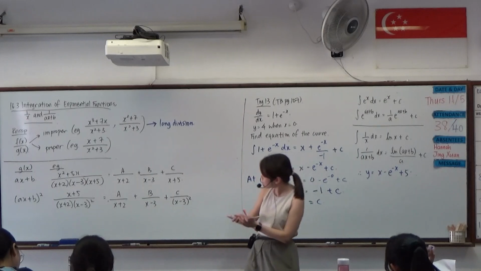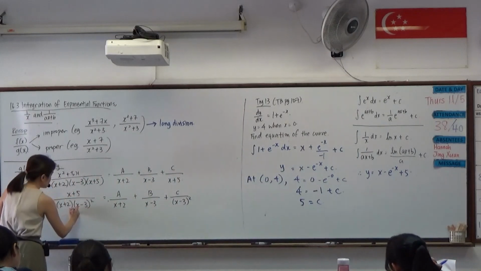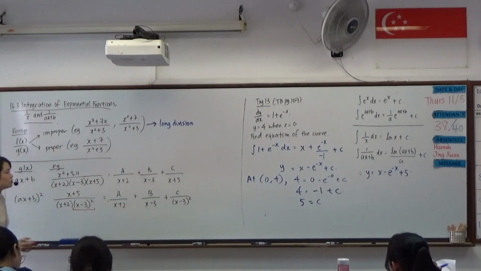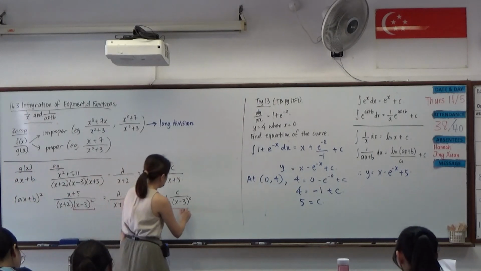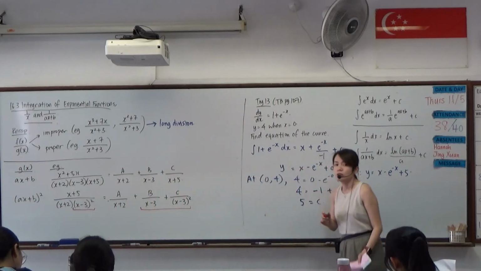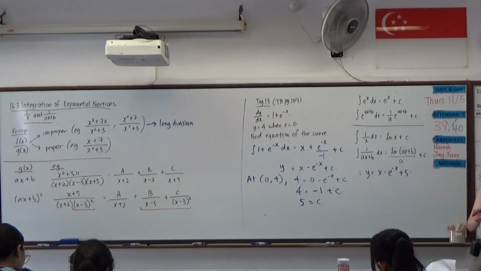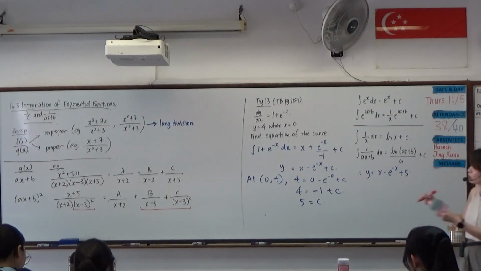This factor of x minus 3 squared results in 2 separate fractions: b over x minus 3, then c over x minus 3 squared.